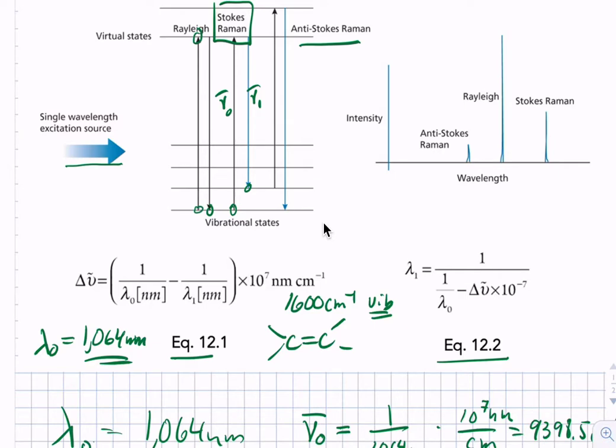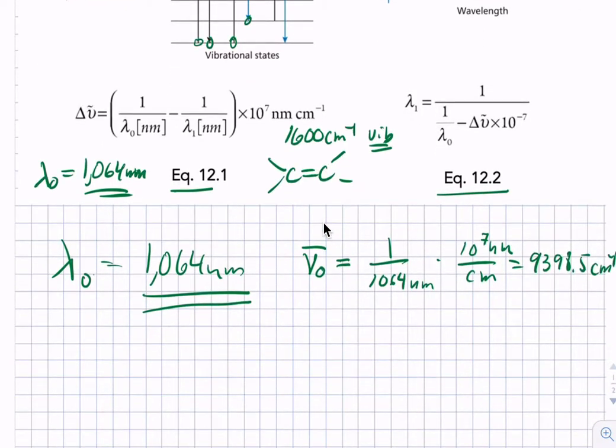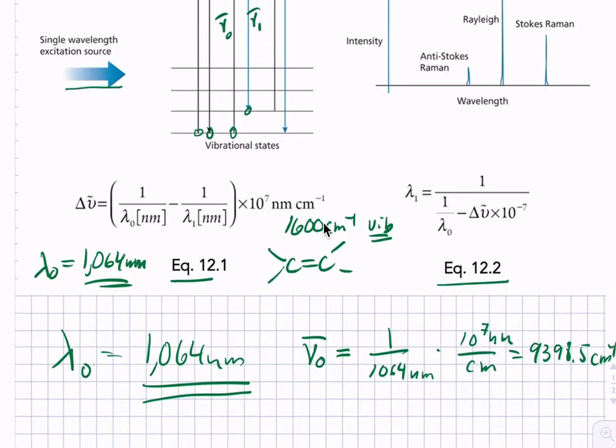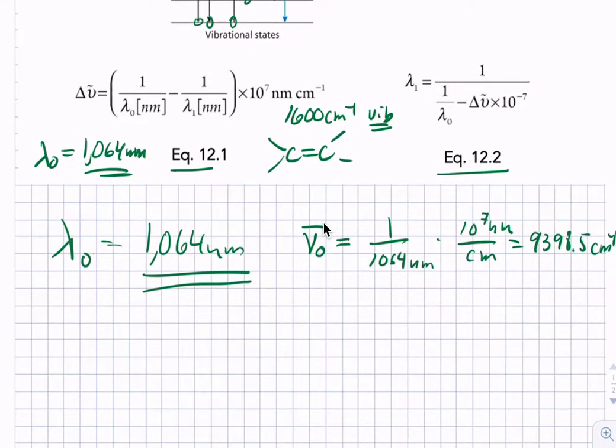We want to think about what the wave numbers of the photon leaving the system is, and that's what we're going to see in Raman scattering. So we know in this case that the difference between nu 1 and nu naught will be 1600 wave numbers. In other words, if we say delta nu bar in units of wave numbers, we know that's going to be 1600 wave numbers.